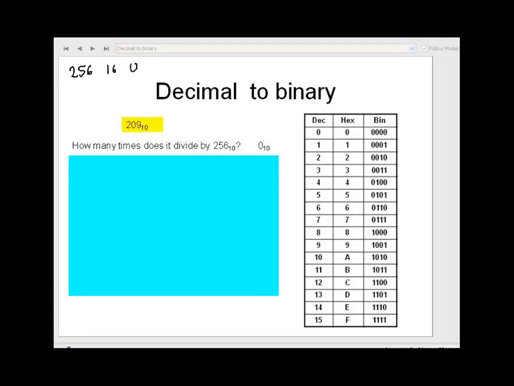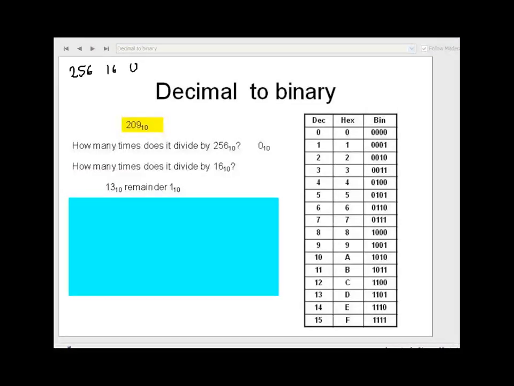So then I ask myself, how many 16s are there in 209? And the answer I get is that there's 13 16s, remainder 1. You may remember doing remainders when you were at school.